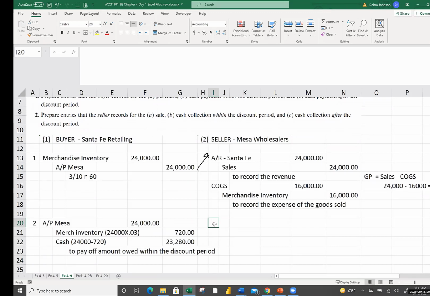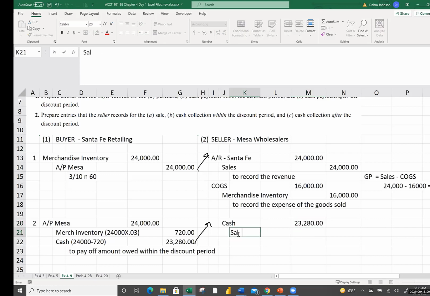Okay, what would the seller, the one that's receiving the cash, what would he or she do? Again, these are going to mirror each other. If they're giving me cash, either via check or through some type of automatic payment, then you're going to be debiting cash for the same amount, because of course you're getting their check or their payment.